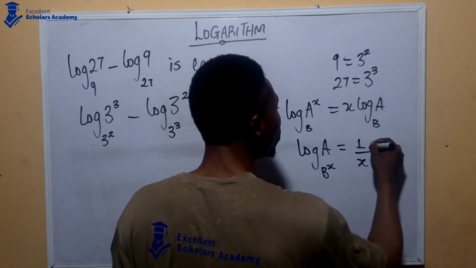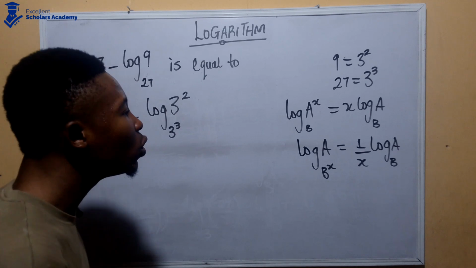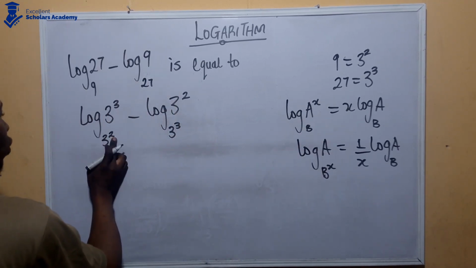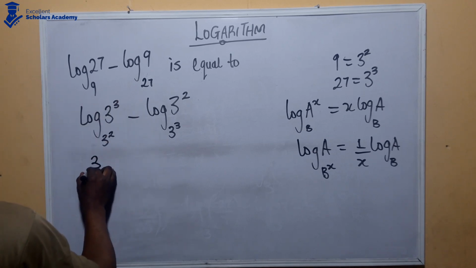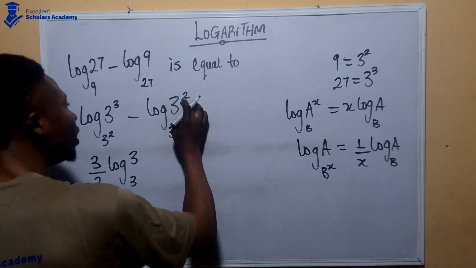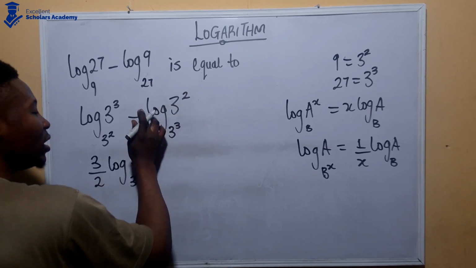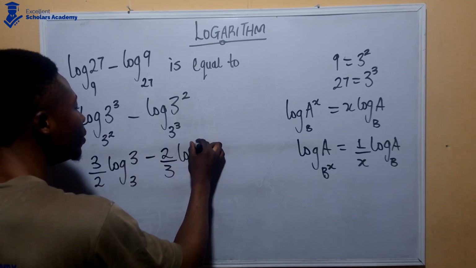So it becomes 1 over x log a base b. So we're going to apply these two laws here. So 3 can move back and then 2 can come here, but as an inverse. So it becomes 3 over 2 log 3 base 3. Also here, 2 can move behind and then 3 moves under, as an inverse. So that's going to become minus 2 over 3 log 3 base 3.